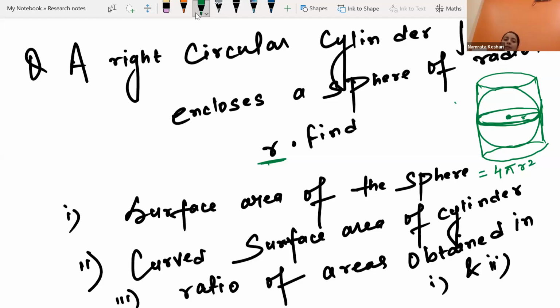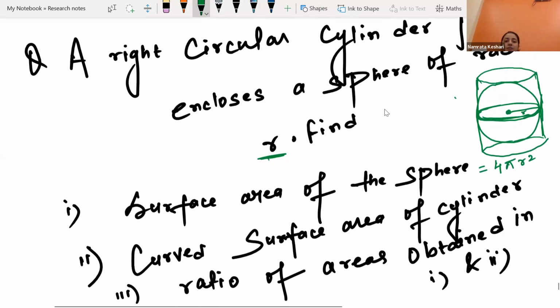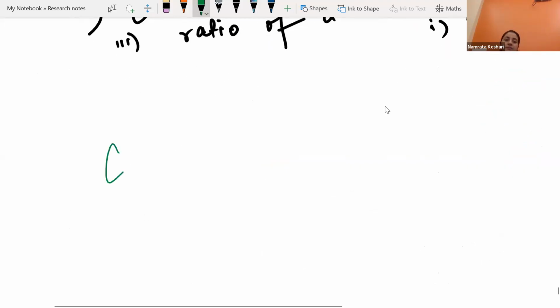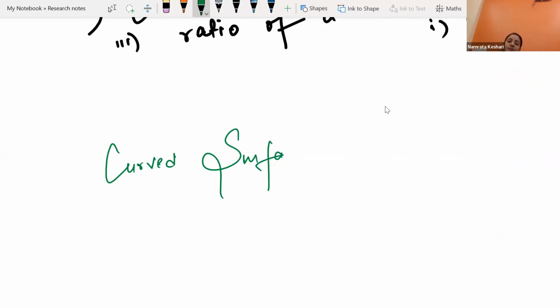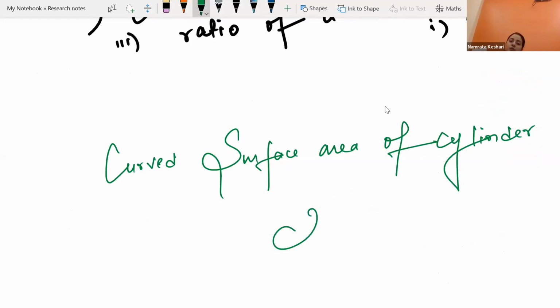Now the next one we'll be doing says find the curved surface area of the cylinder. What is the formula for curved surface area of the cylinder? Curved surface area of cylinder, the formula was 2 pi rh. Yes or no?